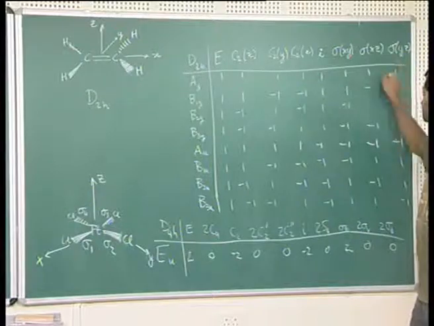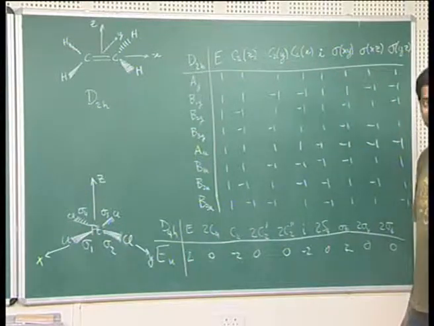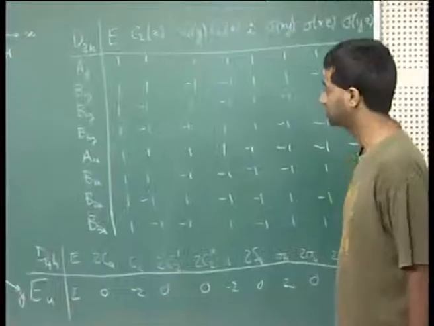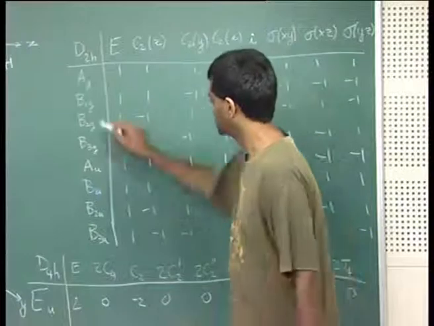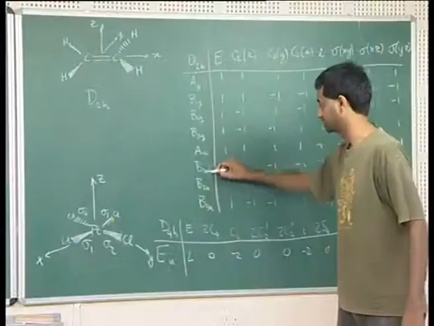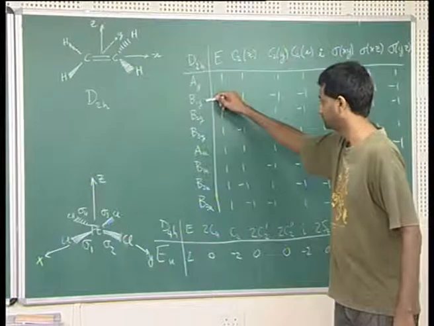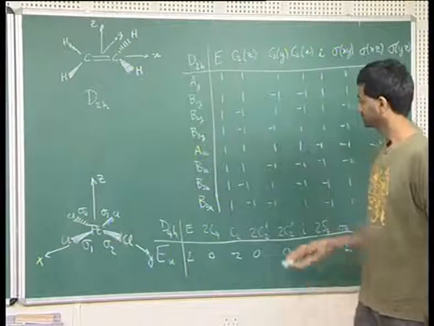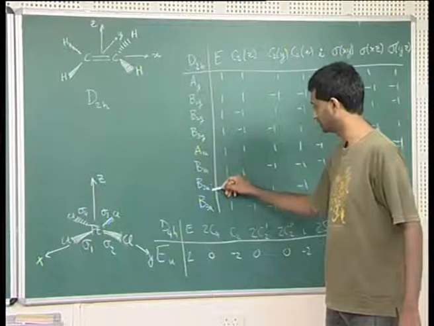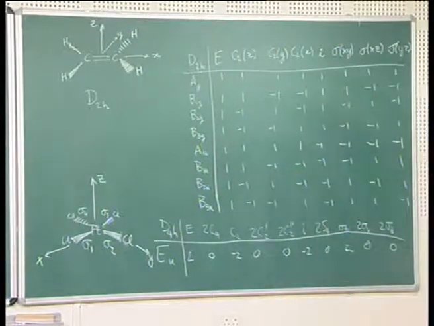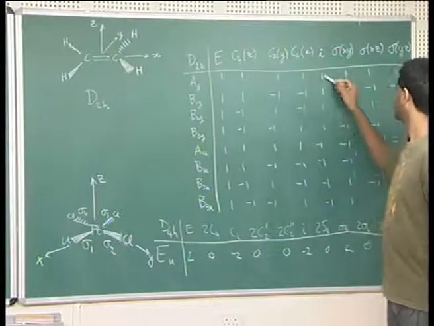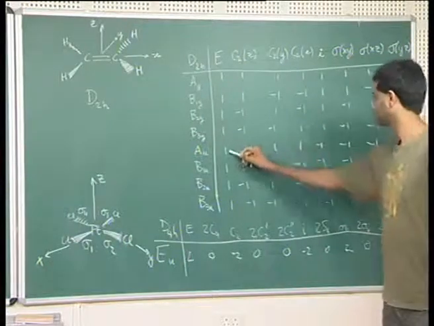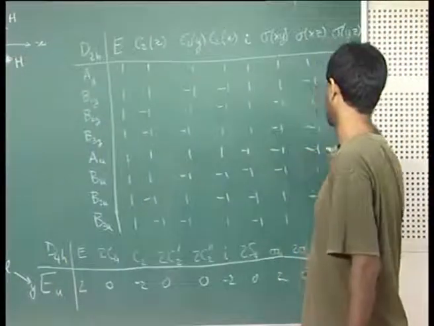Okay, there are 8 symmetry operations and 8 classes. Since there are 8 classes, there have to be 8 irreducible representations, and each of them has to be a one-dimensional representation. So there are 8 one-dimensional irreducible representations denoted by AG, B1G, B2G, B3G, and then AU, B1U, B2U, B3U. Okay, and I've reproduced the character table. Just a point to note, in AG there is 1 1 1 1 1 1 1 1, in AU it is 1 1 1 1 and -1 -1 -1 -1.